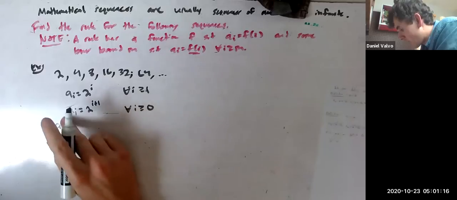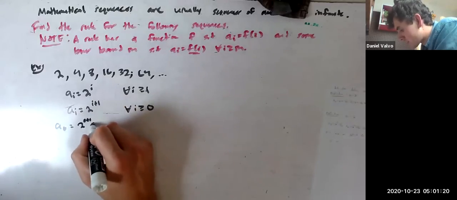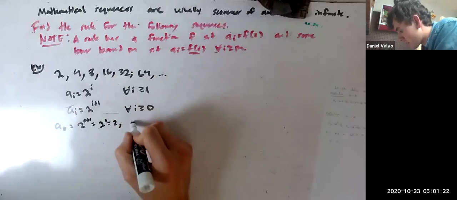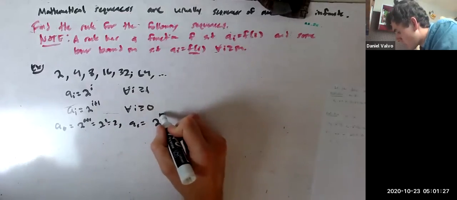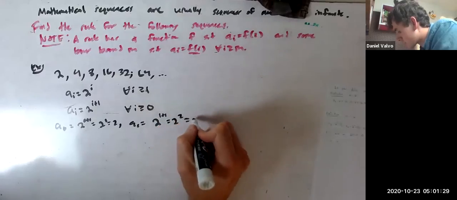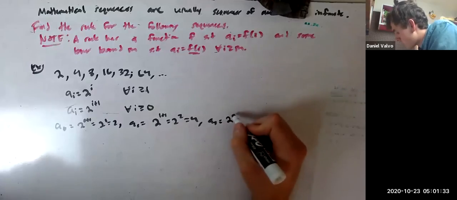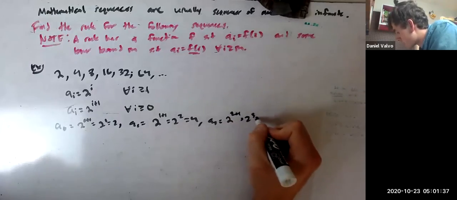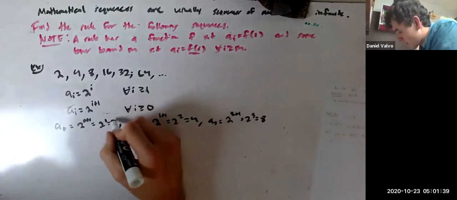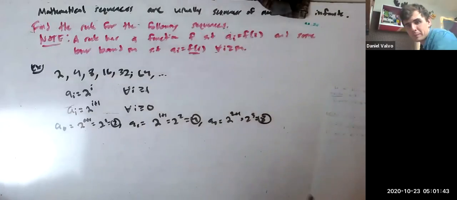Here, we start at 0. a_0 is going to be 2 to the 0 plus 1, which is 2 to the 1, which equals 2. a_1 is going to be 2 to the 1 plus 1, which is 2 squared, which equals 4. a_2 equals 2 to the 2 plus 1, which equals 2 cubed, which equals 8. Right, 2, 4, 8. That's the sequence, right?